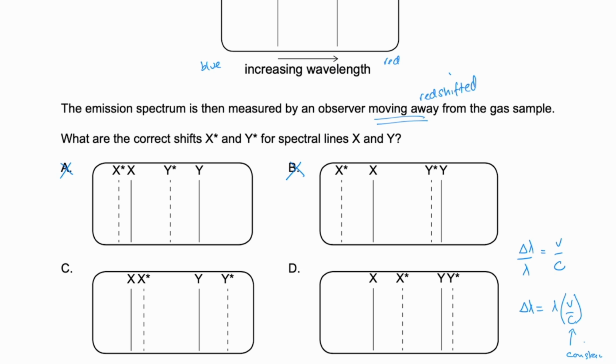However, can you see that the original Y would have a greater wavelength than the original X, meaning the shift in Y is going to be a greater value than the shift for X. You can see here that the shift in wavelength here is a smaller value than the shift in wavelength for X. So it's not that one. The answer must be C.